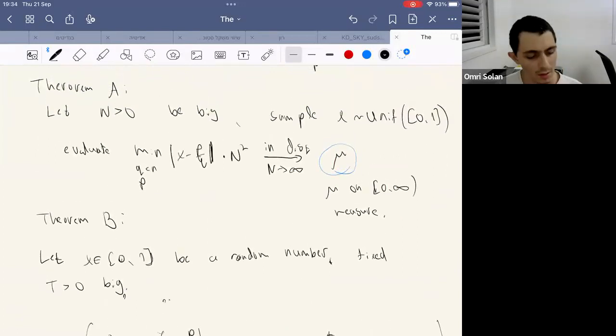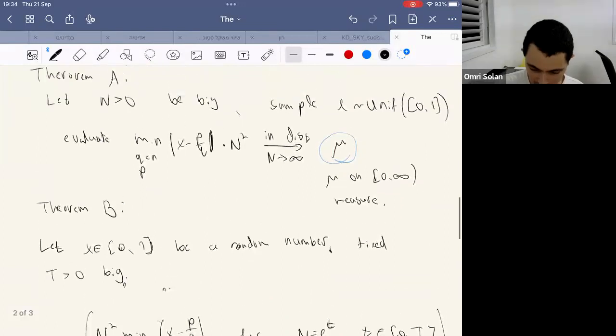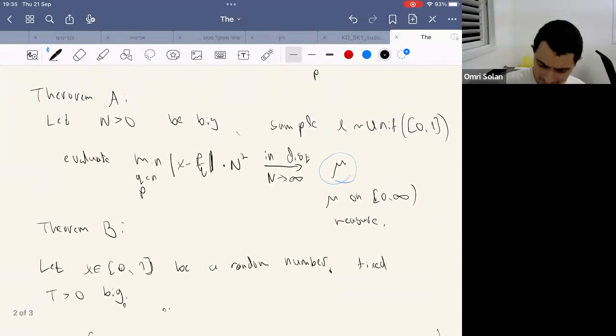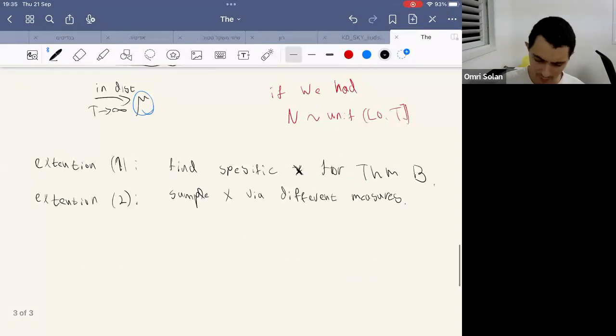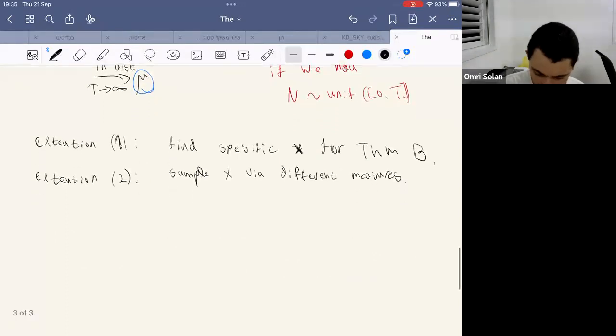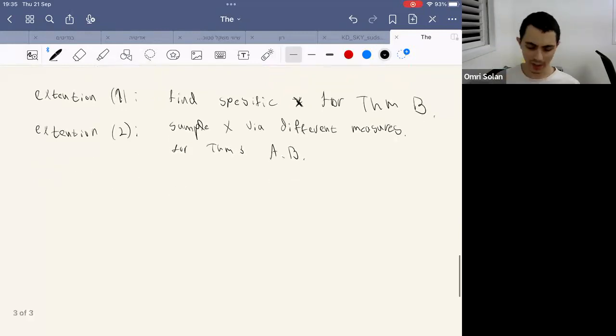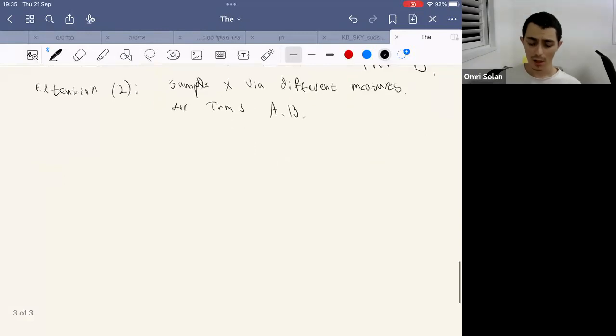I believe there are results for theorem A and perhaps theorem B, but I don't know, but we'll get to that. So: sample x via different measures for theorems A and B. Okay, and that's another possible extension.